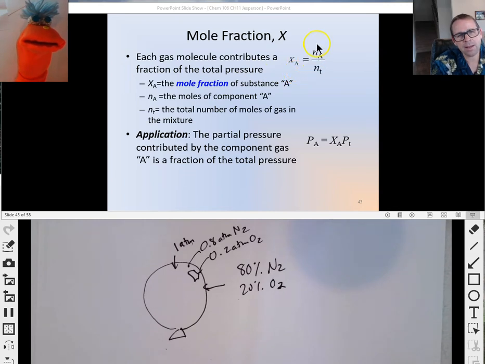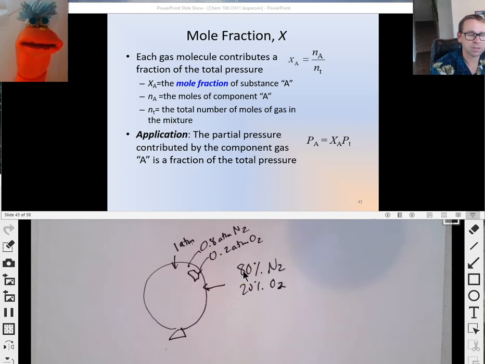So, n being the moles of gas, and X being the mole fraction of a given gas. The mole fraction is just how many moles there are of one species relative to the moles total. So the mole fraction of nitrogen in this gas is 0.8.